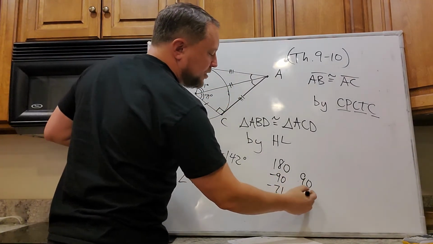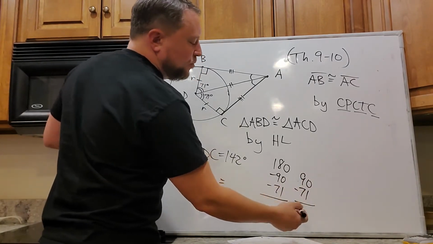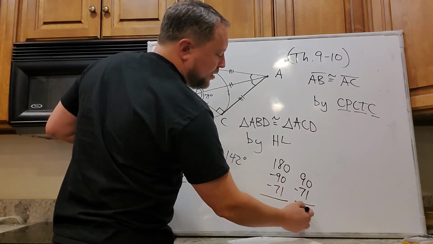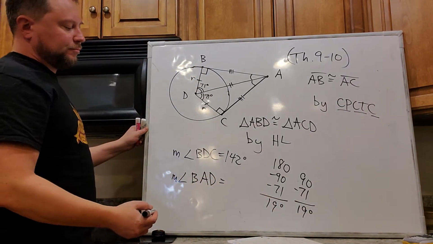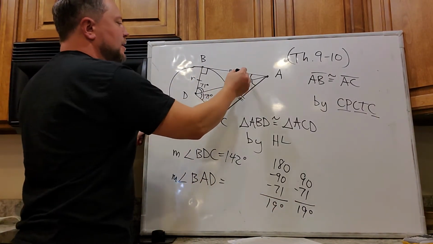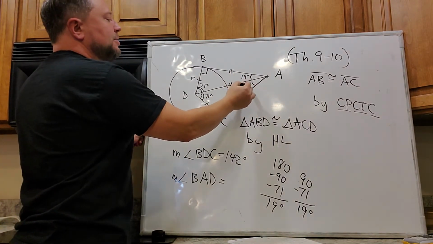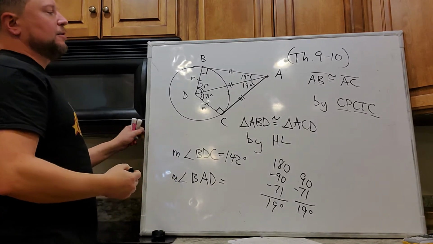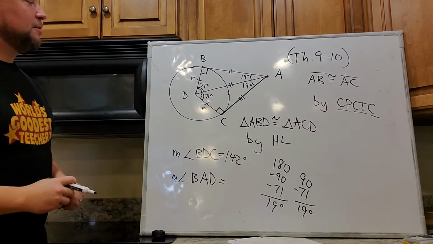So you could just take the 71 away from the 90. Either way, you're going to get the same result. You're going to get 19 degrees. So that last angle right there is 19 degrees, which again means this one's 19 degrees down there, because they're mirror images, they're reflections. Okay?